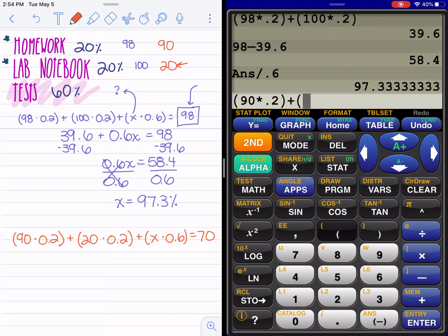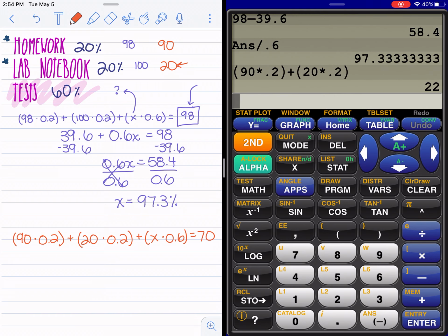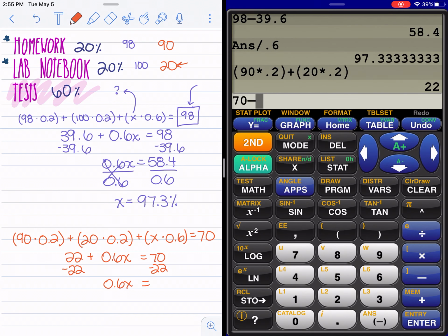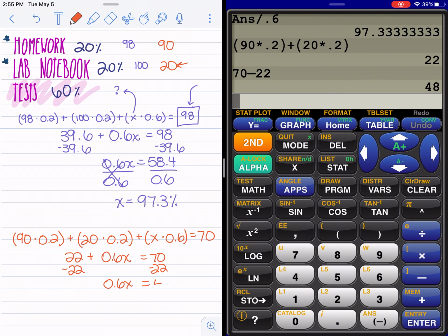90 times 0.2 plus 20 times 0.2. Again, I do those parentheses first. I'm going to rewrite this as 0.6x, subtract from each side. 70 minus 22 is 48 divided by 0.6.